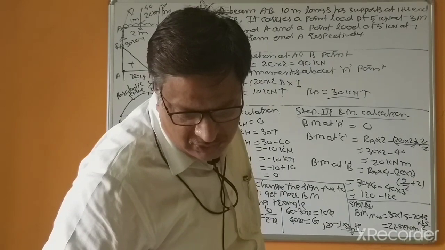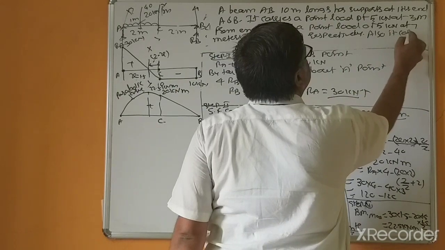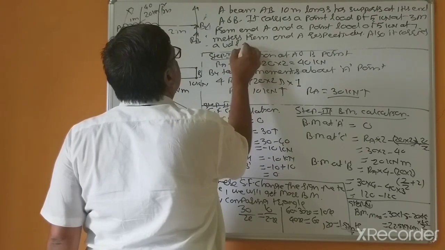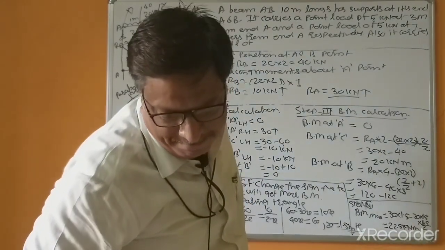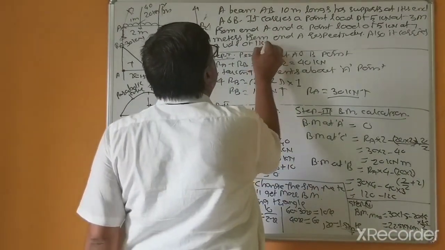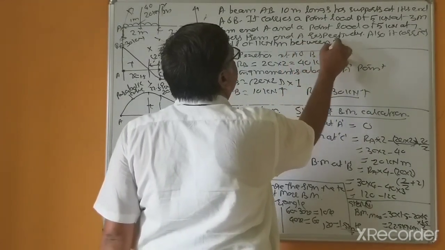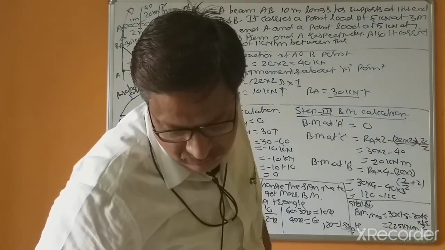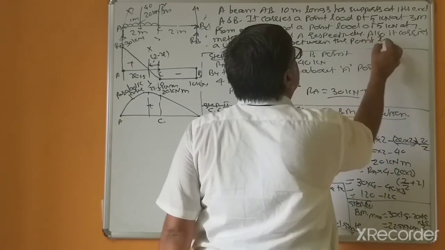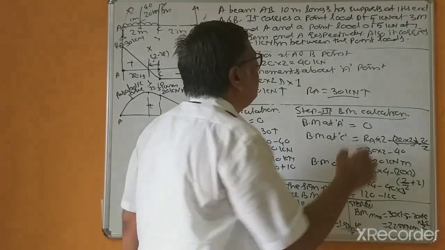Also it carries a UDL of 1 kilonewton per meter between the point loads. Draw the shear force and bending moment diagrams for the beam.